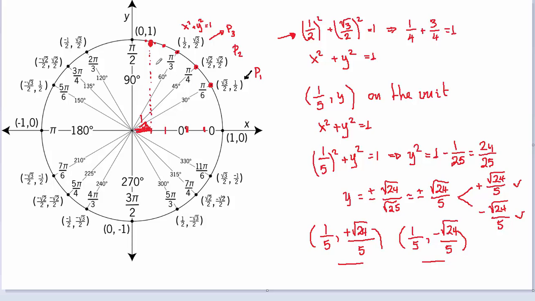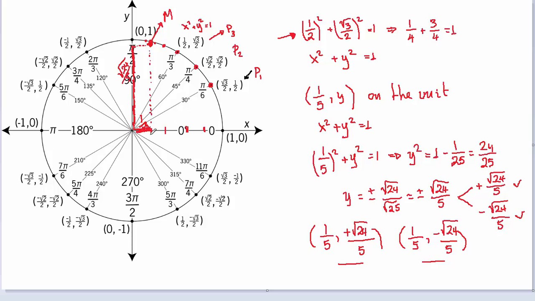So we look now at this point up here, let's call it M. This point will have a y-coordinate, and the magnitude of the y-coordinate is this. And this is going to be nothing else than square root of 24 over 5.